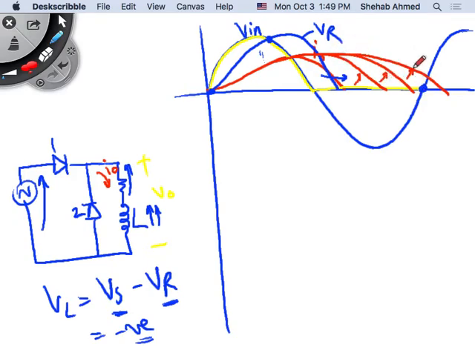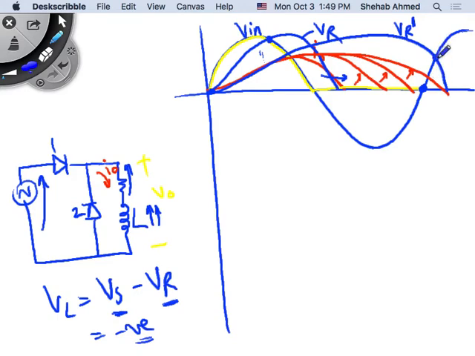Remember, VR is a replica of this but scaled. So I can draw VR now instead of like this. I'll just draw it for this last case. Okay. Scaled version of this is VR prime. Right? And then what's happening?